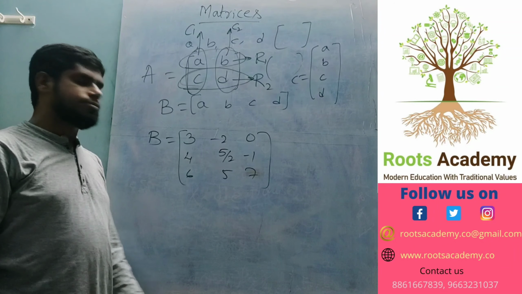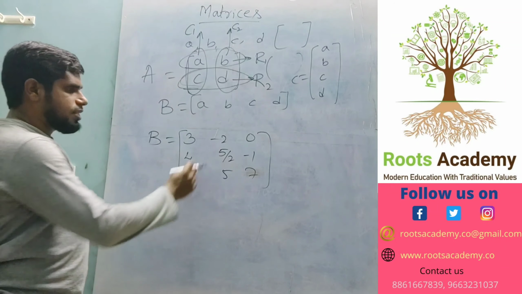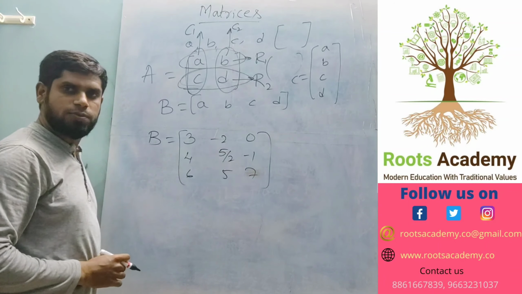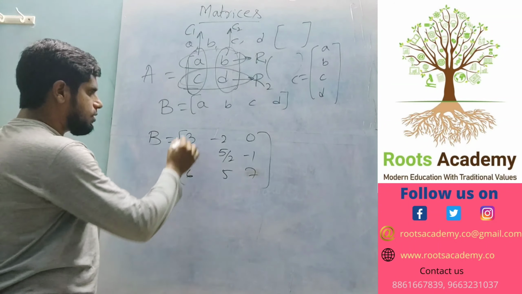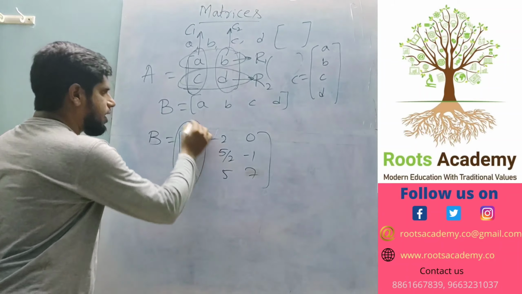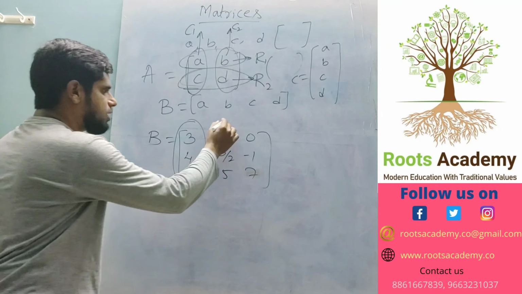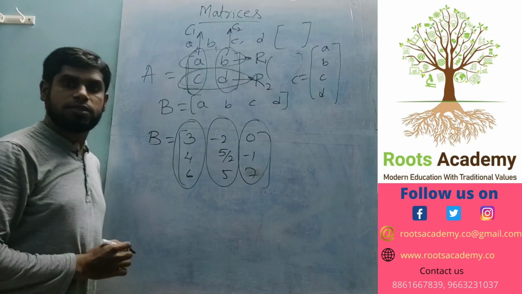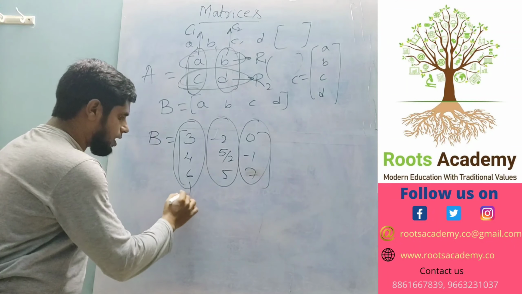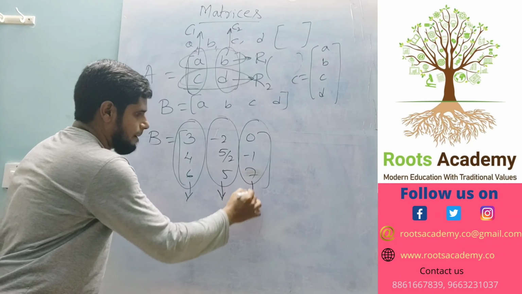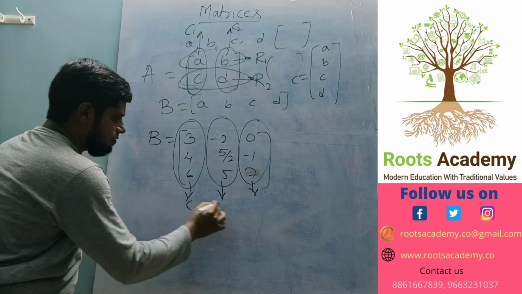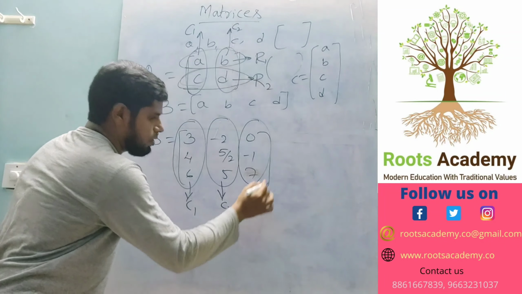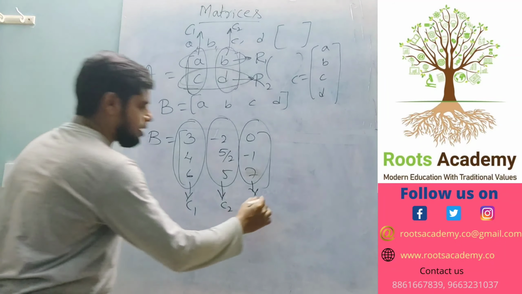Now students, here it is a 9-element arrangement, and whatever these vertical arrangements are, I will call them columns in the matrix. These are the columns of a matrix, and here these are C1, C2, C3, that is columns.